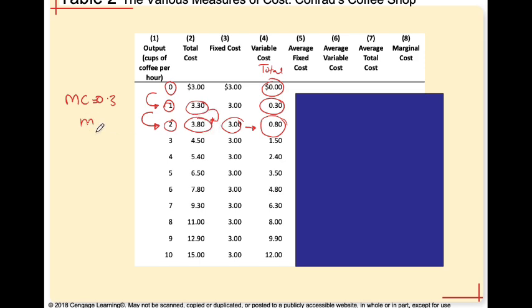So the marginal cost of producing the second unit, from 1 to 2, is found by subtracting these two, and you end up with 0.5. To produce this second unit, after you're producing 1 cup of coffee, the additional cost incurred was 0.5. So this is your cost on the margins.